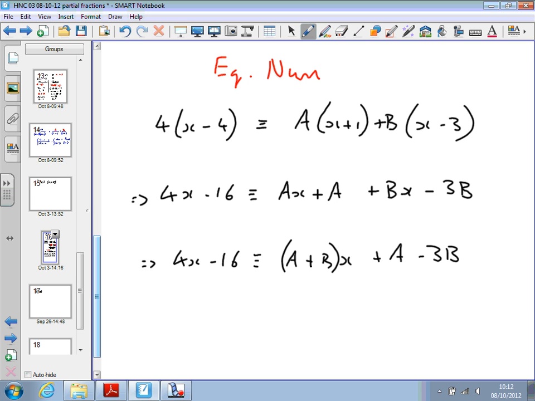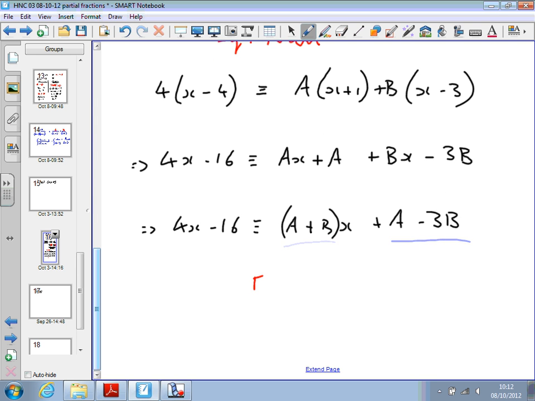Now we collect together terms involving x and the numbers, so we can then equate coefficients. Equate coefficients, and the coefficient means the number in front of the value x. So the coefficient of x is the number in front of it, 4 on the left hand side.